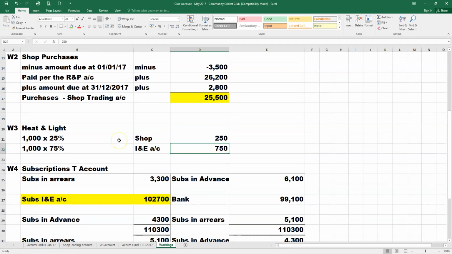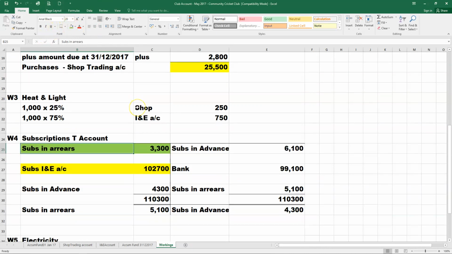Then I have my subscriptions in advance and my subscriptions in arrears. So I'm going to start off with my T account. Subs in arrears are always an asset to us, so on my debit side they are €3,300. At the end of the year they're going to be put in on the debit side again, a figure of 5,100 for subs in arrears.